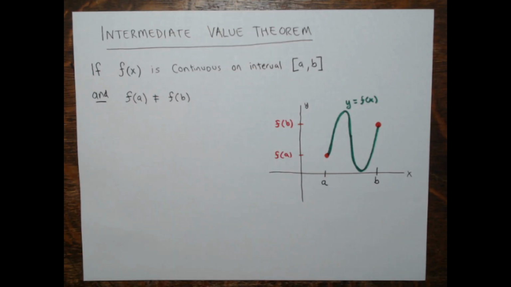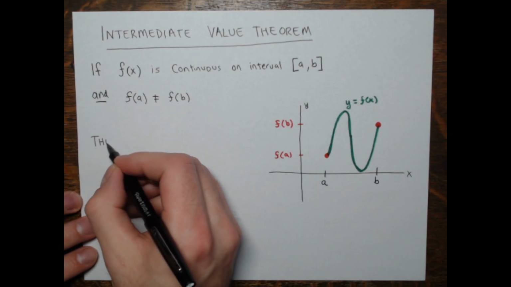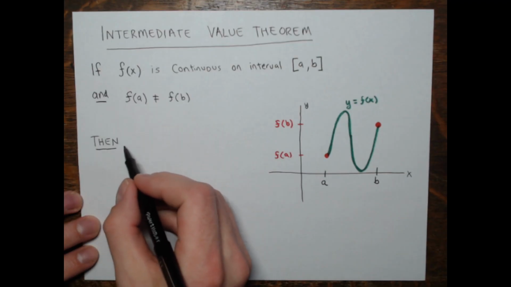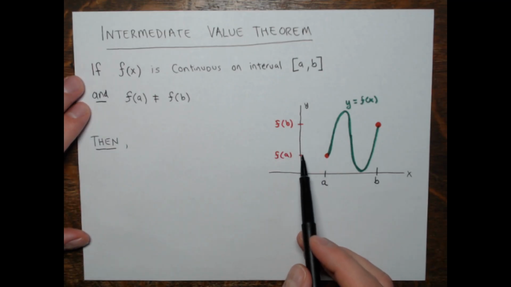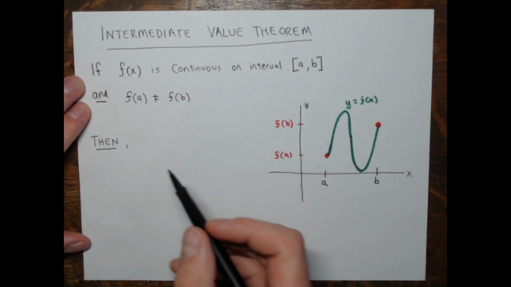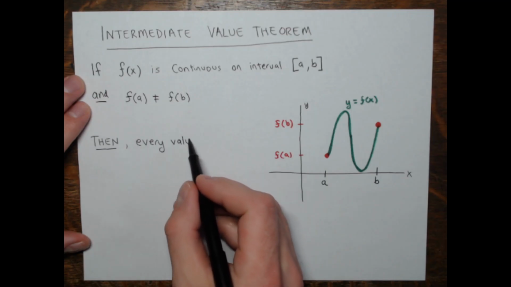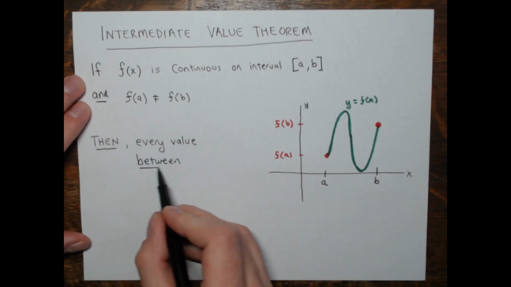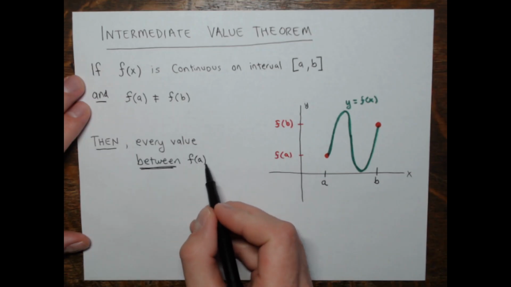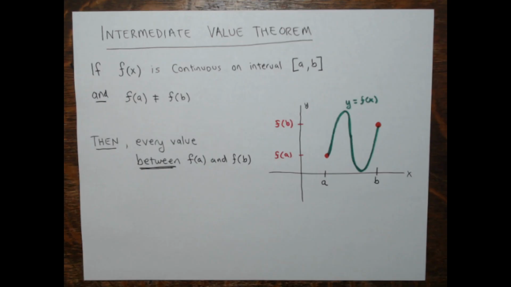So if these two conditions are met, like in my picture, then every value between those two outputs at the ends, so every value that's strictly between f of a and f of b. So we're talking these values here.